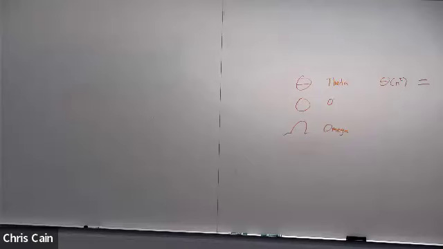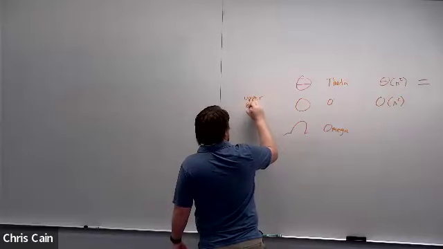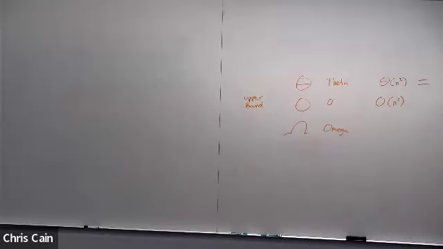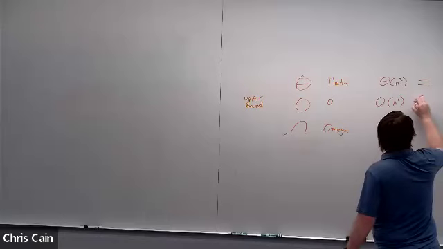Big O says we have an upper bound. So O of n squared, I like to pair with the terminology upper bound, which says that it may run in n squared, and it may run in an order that is less than n squared.